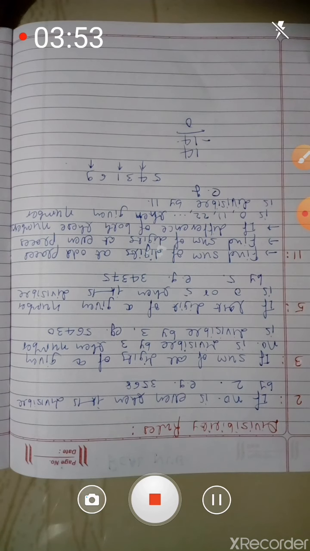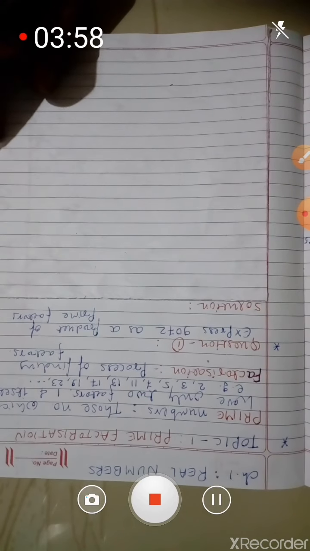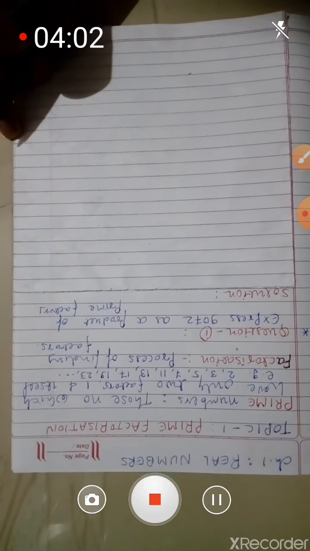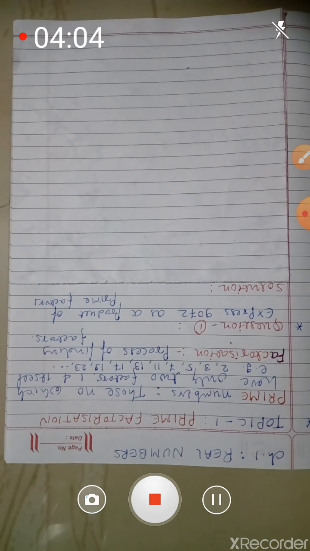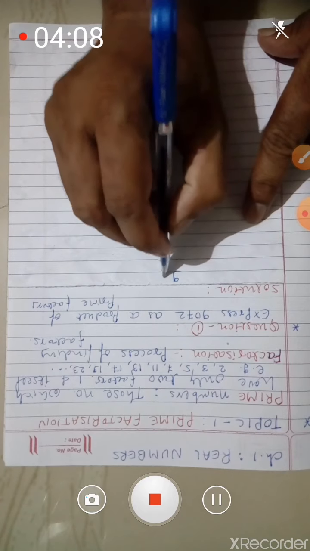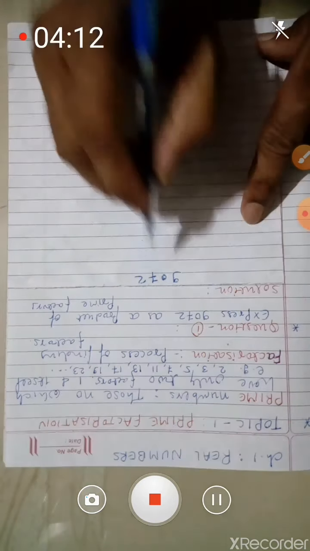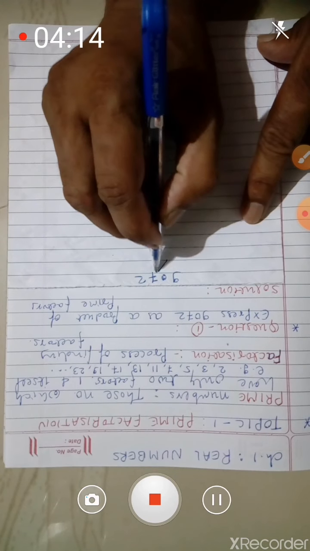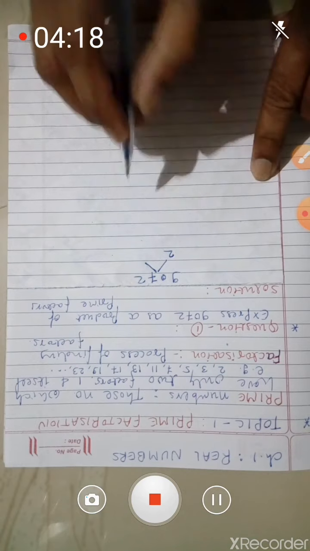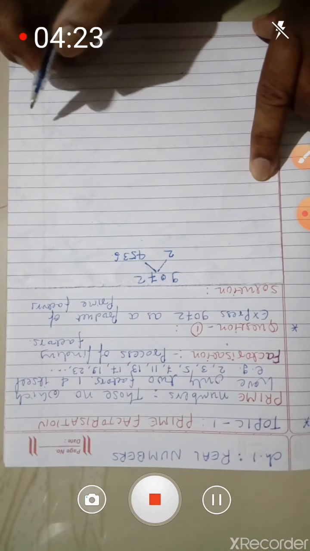Now we start our first sum. What is asked? Express 9072 as a product of primes. So you have to start prime factorization of the given number. We always divide by 2 whenever the number is even. So 2 into 4536.